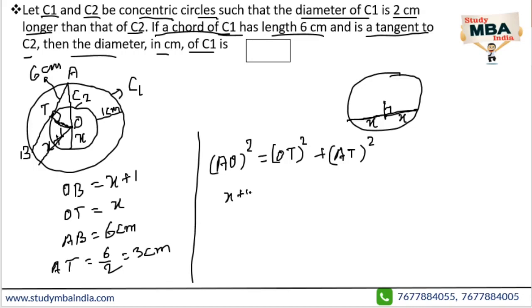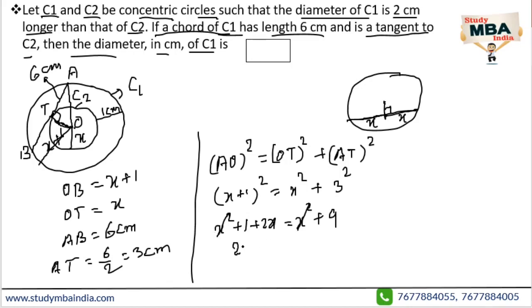So x plus 1 whole square is equal to OT, which is x square, plus AT, which is 3 square. Or we can say this is x square plus 1 plus 2x equal to x square plus 9. x square will get cancelled out. So 2 times x is equal to 9 minus 1, which is 8, or we can say x is equal to 4 centimeter. So now x is basically the radius of the circle C2.